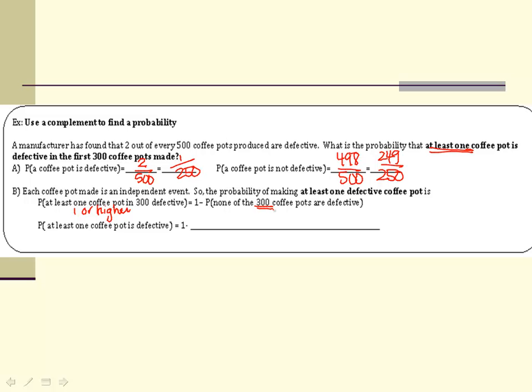And so what it says, and let me give you this idea. If I want to know the probability that 300 coffee pots are defective, here's how it works. There are 300 independent coffee pots. So my first coffee pot has a probability of 1 out of 250, and that's reduced.